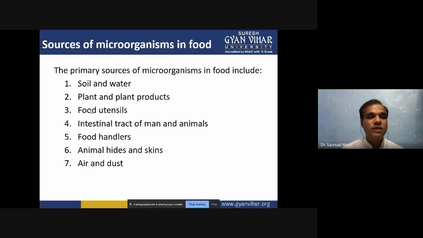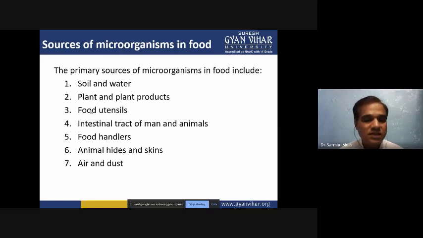Then, sources of microorganisms in food. What sources of microbial contamination are there, and how do these microorganisms contaminate the food item? We know many sources: first is soil and water, plants and plant products, food utensils, the intestinal tract of man and animals, food handlers, animal hides and skin, air and dust.